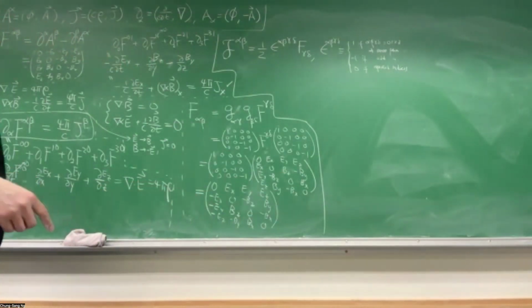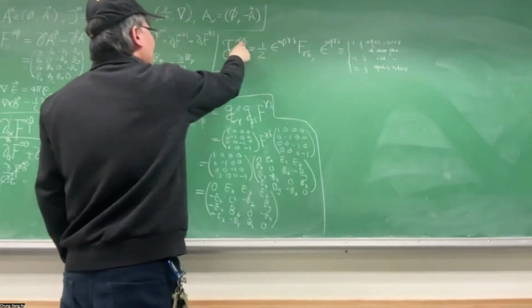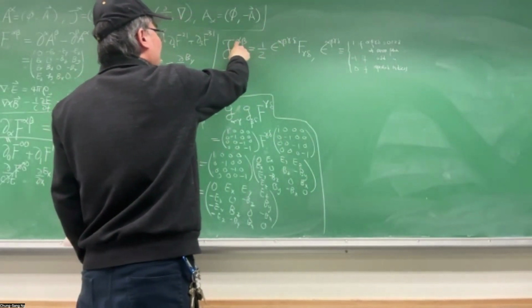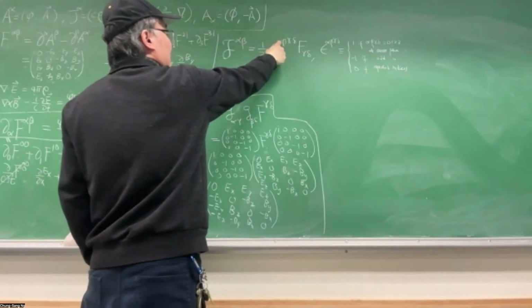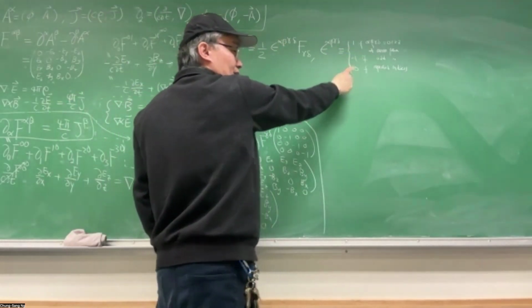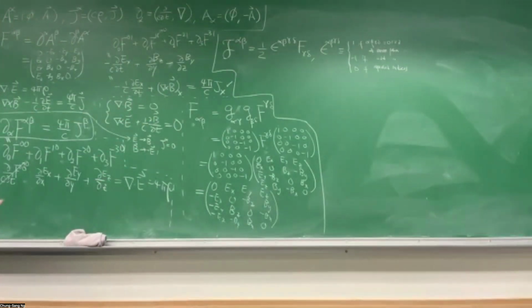Also by odd and even permutation, if you interchange alpha beta to become beta alpha, according to this rule we introduce a minus sign. That shows that this script F is also anti-symmetric.